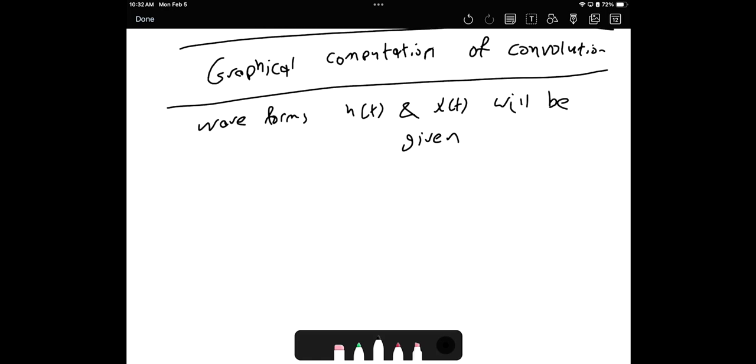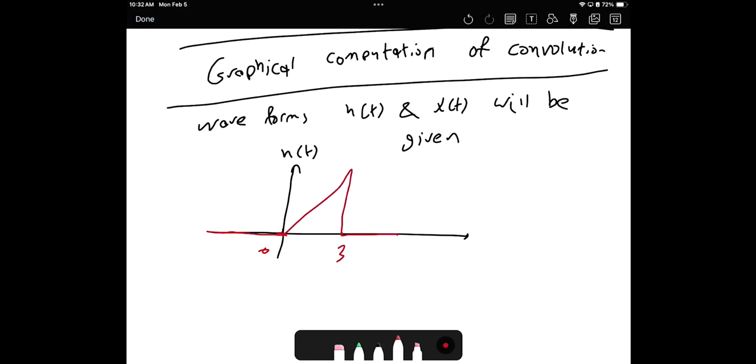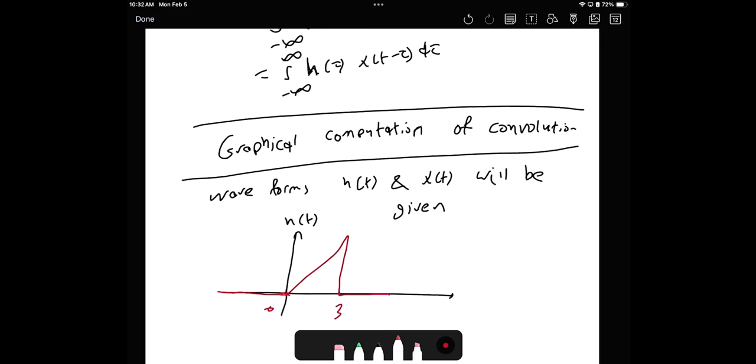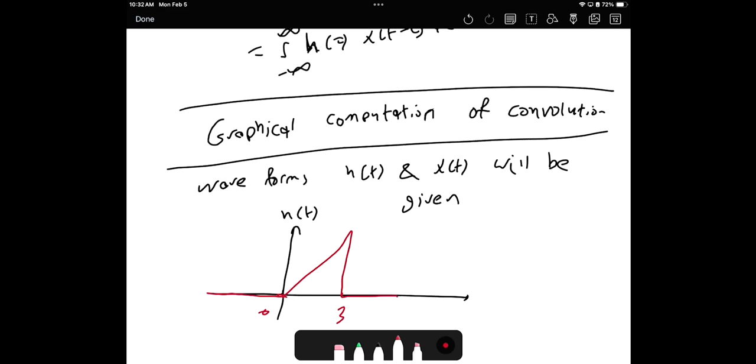So the first step, let's assume we have h of t like this. Here's, for example, 0, here's 3, something like this. So the first step, in order to do the convolution, as we know, let's assume that we will apply the convolution as the integral from negative infinity of x of t, h of t minus tau d tau.